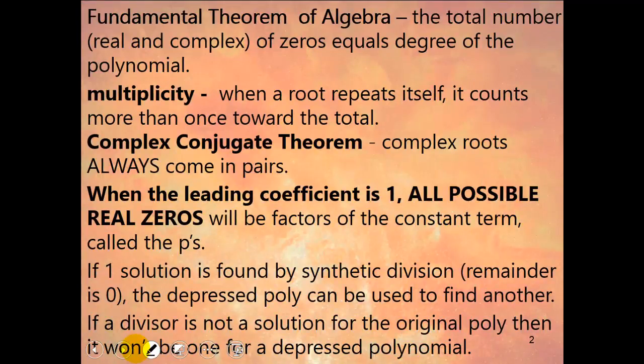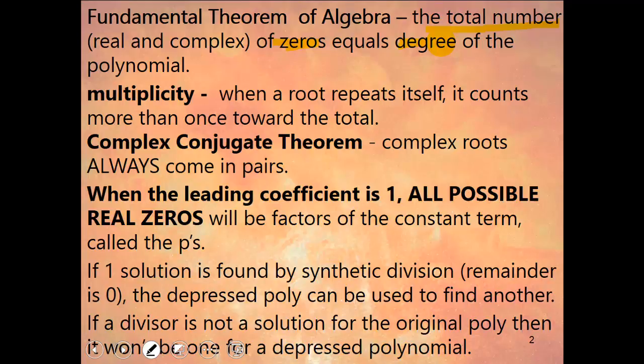All right, the fundamental theorem of algebra, we've talked about this before, we've just never quite named it before. It says that the total number of zeros equals the degree. So if you have a degree 3, then you have 3 solutions or 3 roots. If you have degree 4, then you have 4 solutions or 4 roots, and so on and so on and so on.